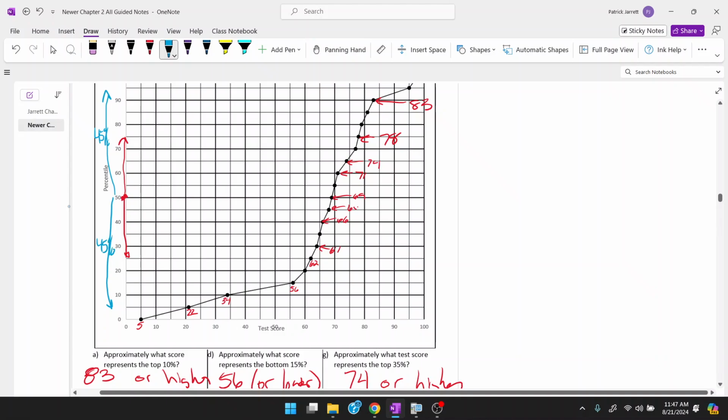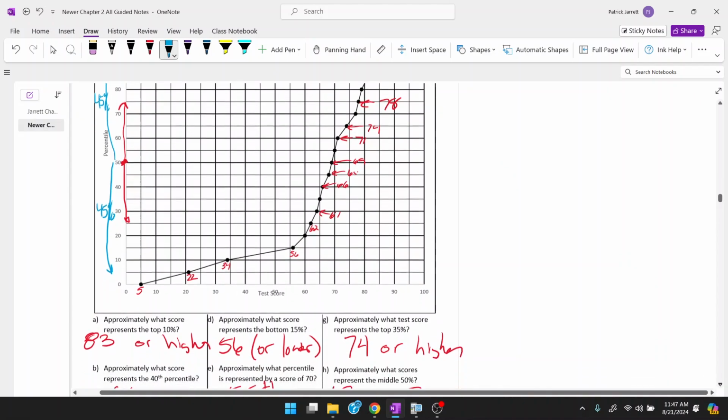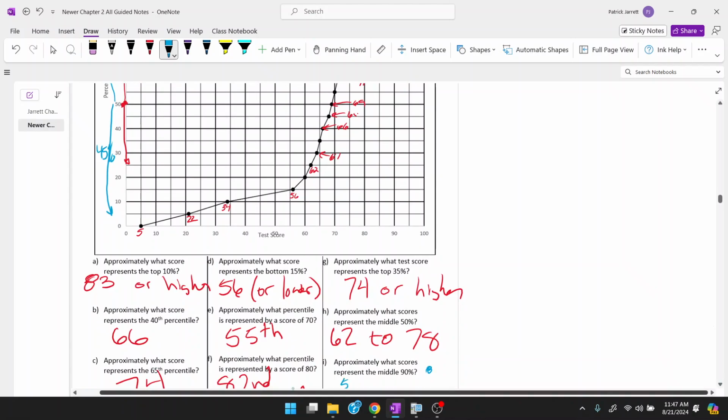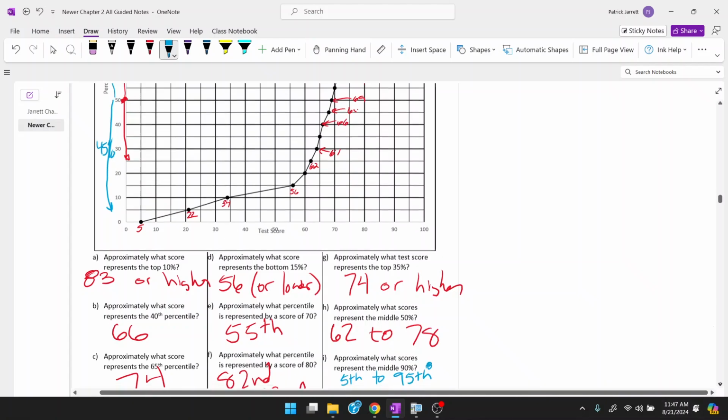So basically, the answer I'm looking for is the 5th to the 95th percentile, but here's the question: what is the distance between 5 and 95? Middle 90%. See?